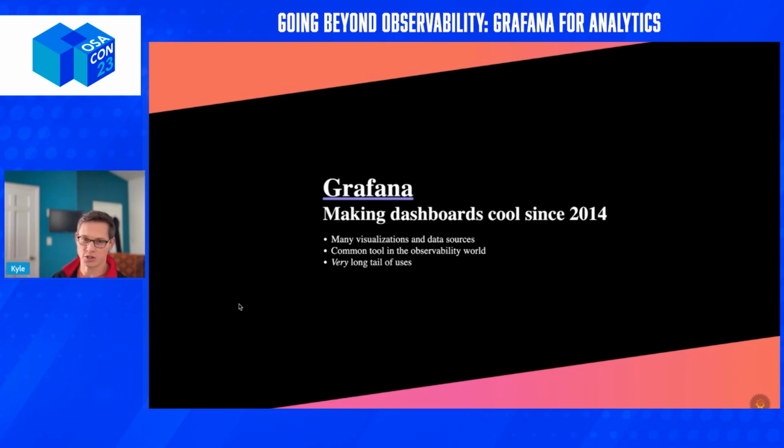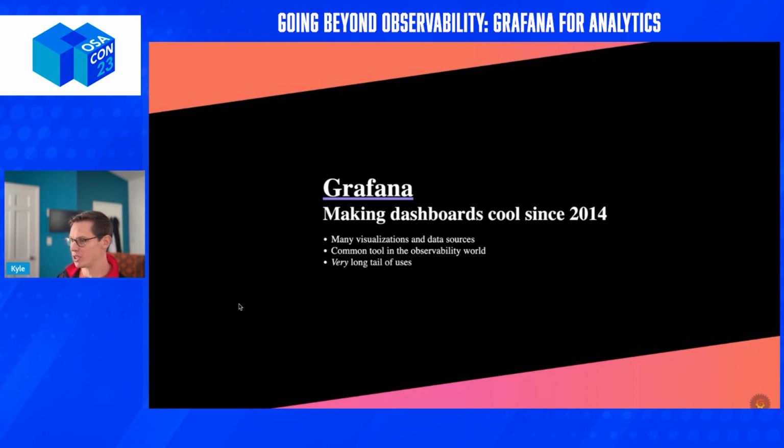Beyond that, there are also many different types of data sources. The last time I checked, there were over 100 different types of data sources that Grafana could interface with. Traditionally, this was the time series type databases, but this has expanded to a lot of things, including SQL databases, but also more exotic things like API endpoints, Salesforce, Strava, things of that nature.